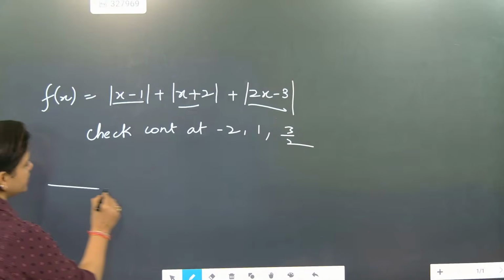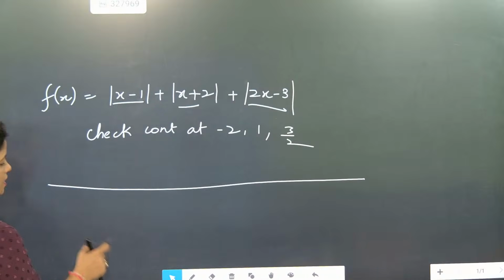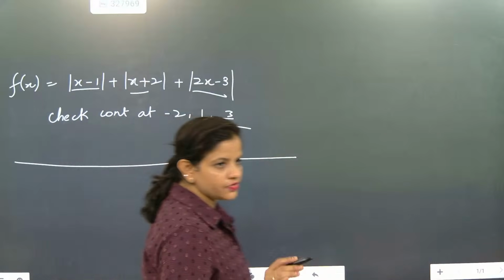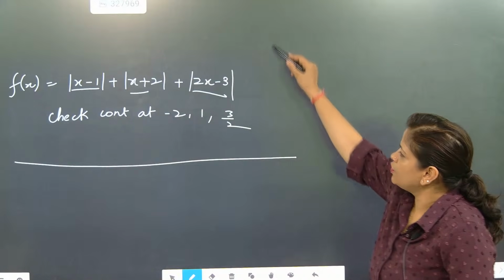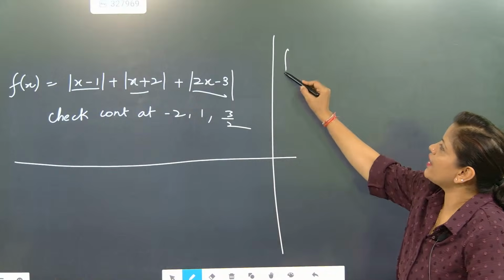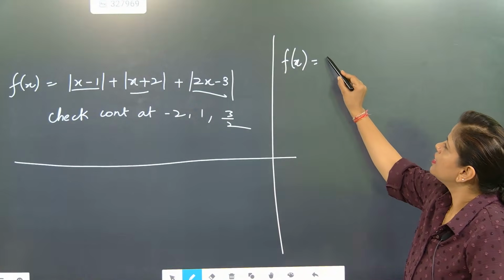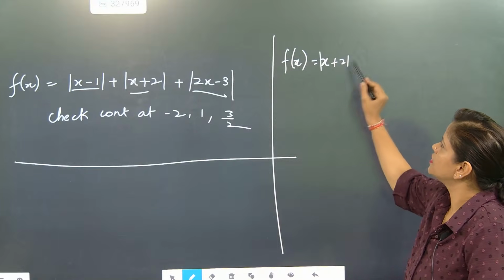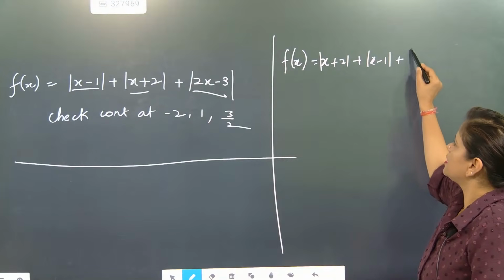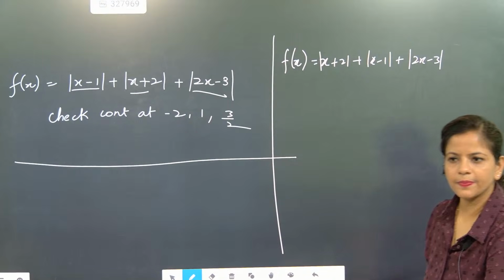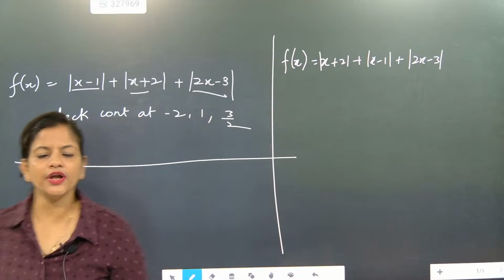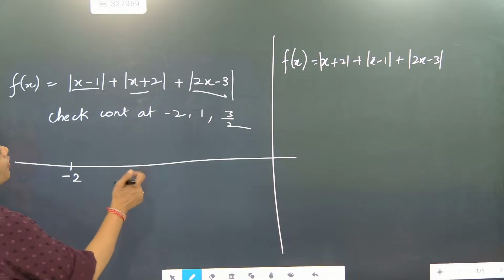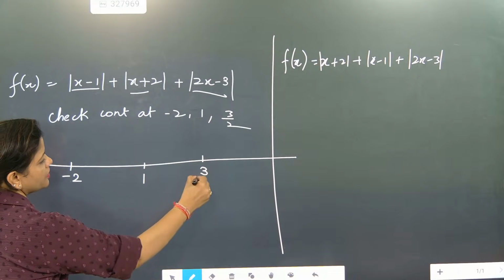Now, handle with care. Just understand this. If you understand this one now, you will be able to solve it nicely. f(x) is equal to the modulus of x plus 2, plus modulus of x minus 1, plus modulus of 2x minus 3. Now you got 3 points. First point is minus 2, then the point is 1, and then the point is 3 by 2.